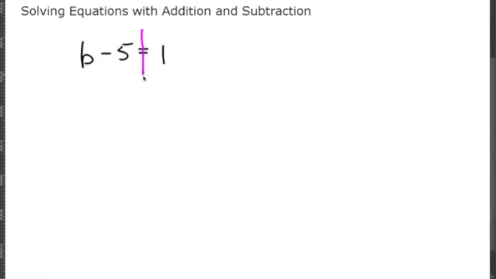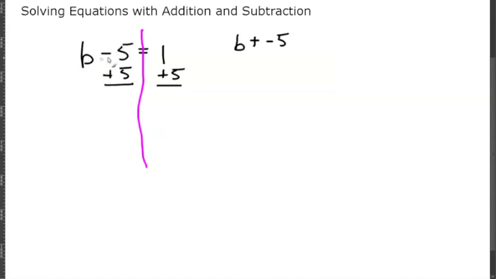Remember, whatever we do to one side of the equation, we have to do to the other side of the equation. We need to add 5 to both sides, because b minus 5 is the same thing as b plus a negative 5, and we need to get rid of this negative. So in order to get rid of that negative, we add 5. And if we add 5 to the left side of the equation, we also have to add 5 to the right side of the equation.